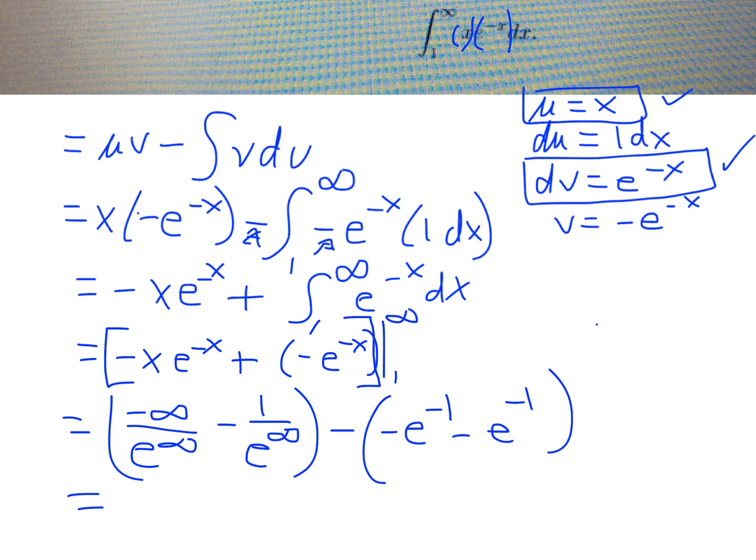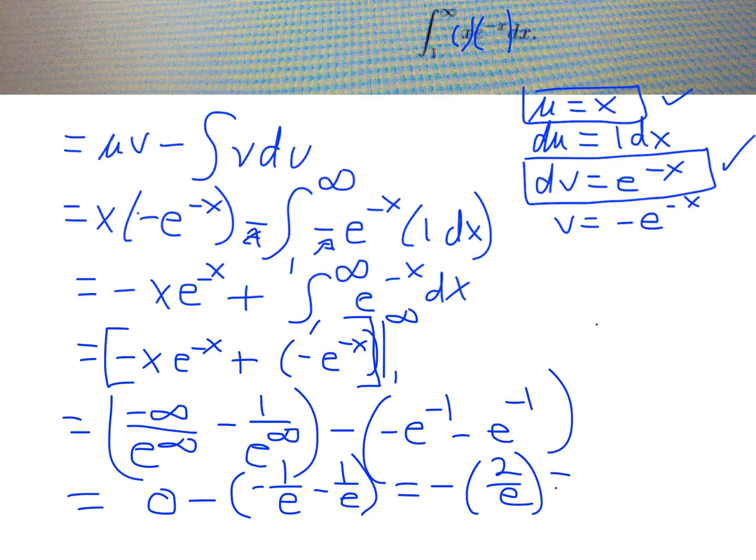This is going to make 0 in the first bracket, minus, and I have negative 1 over e minus 1 over e. And so that's minus negative 2 over e, which is equal to 2 over e, and that's the value for the integral.